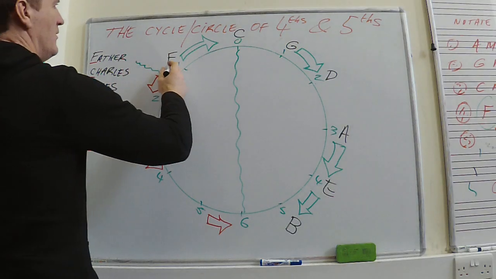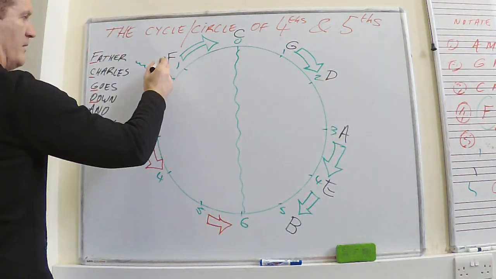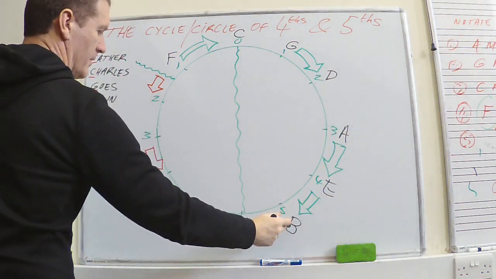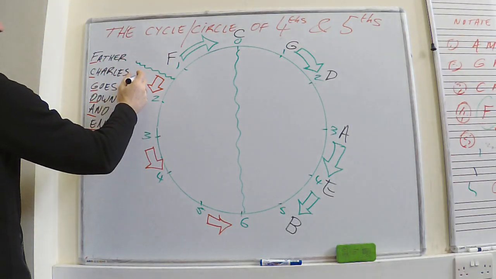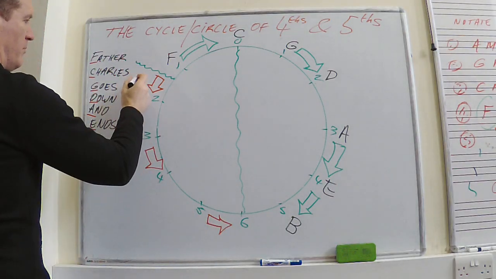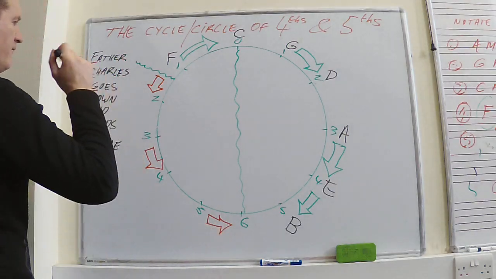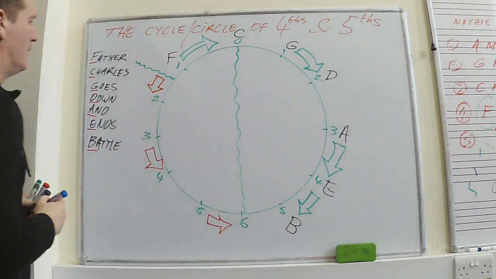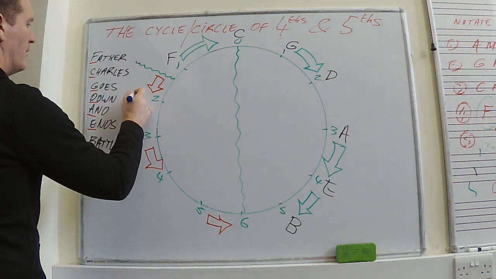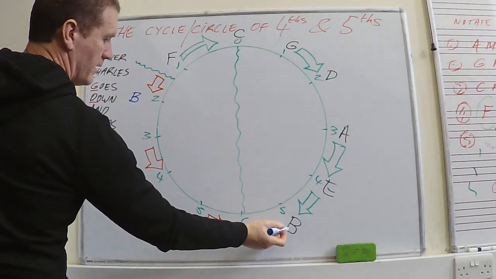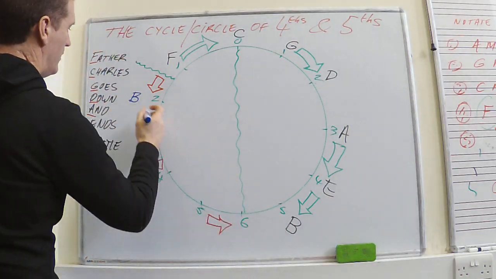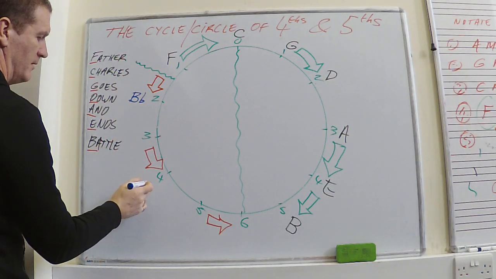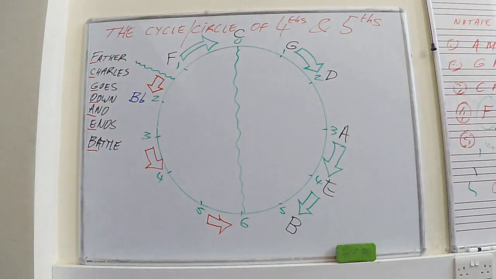You notice all of these are just letters of the alphabet, starting at the F. But all of the letters you're going to write in here, from this point here, the missing ones, are going to have a flat symbol after them. For example, the first one is a B, not a B like that one, but a B flat. All of these are going to be something flat, something flat, something flat, and something flat.